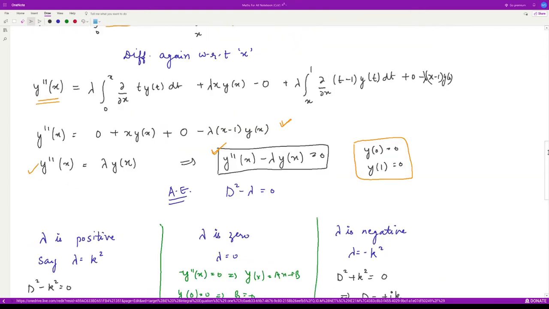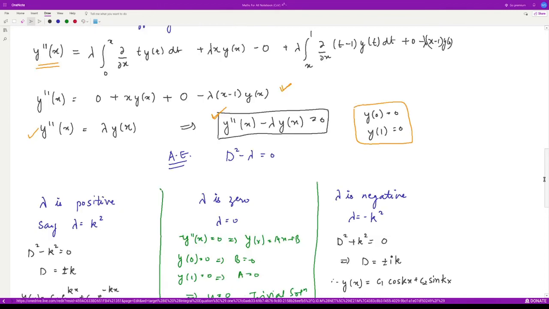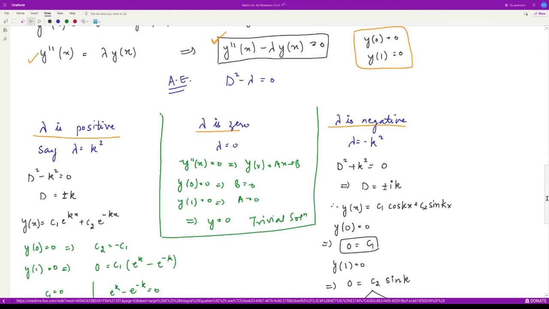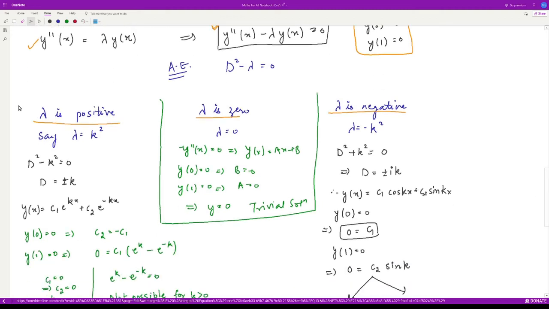Now the solution to this equation would depend on the value of lambda. Depending on whether lambda is positive, 0 or negative, we'll have different solutions. But we are interested in calculating the non-trivial solution, that means the non-zero solution, right? This is basically a Sturm-Liouville kind of differential equation, so we'll discuss cases.